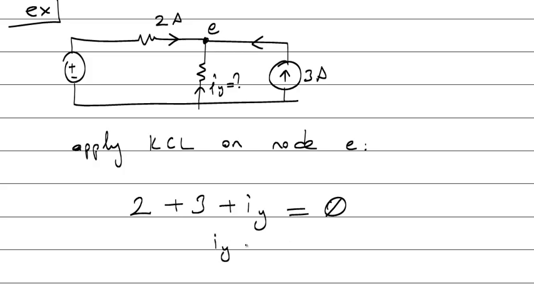So IY is equal to minus 5 amp. Okay. Yes, it means actually the positive current is coming from E to the lower side, from top to bottom.